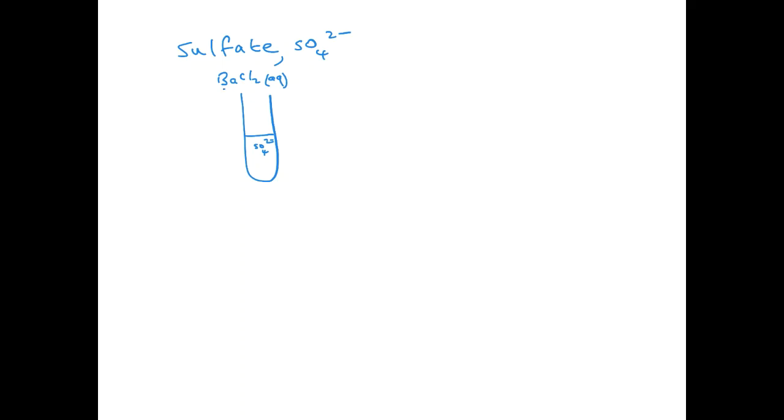And it's the barium ions which are important here. So when you add the barium chloride solution, they will react with the sulfate ions, and that forms a white precipitate. So the ionic equation would be Ba2+, because it's the barium ions which are the key here.